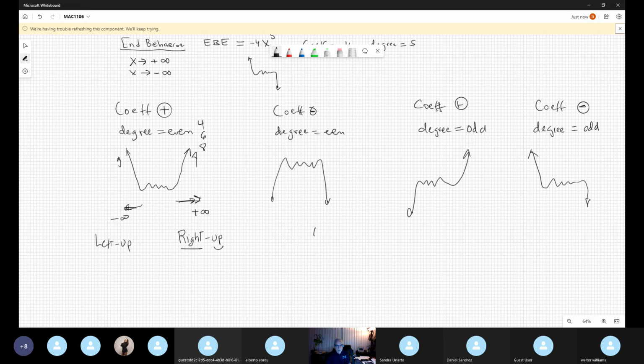This is right down, and this is left down, and this is right up, and this is left down, and this is right down, and this is left up. Do you follow me there or not? It's a little bit complicated to understand this, or no?